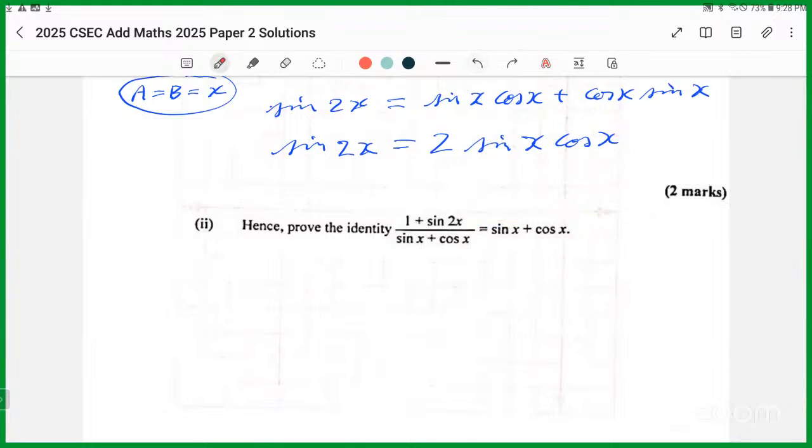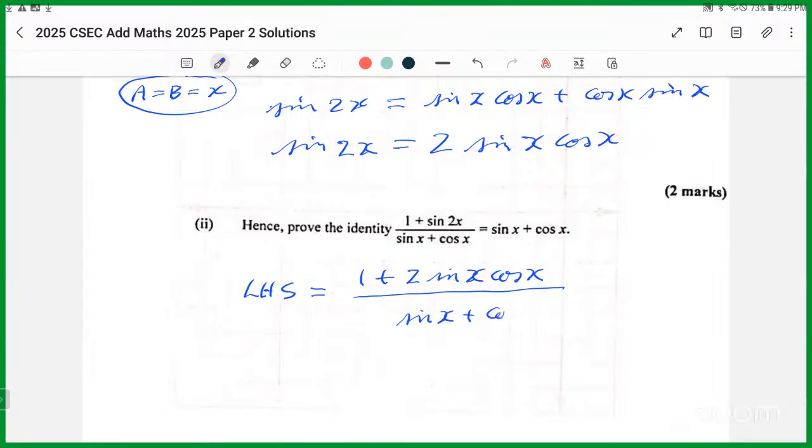So I'm going to write the left hand side equals 1 plus, and then this now I'm going to write in its expanded form, hence, which is 2 sine x cos x divided by this, sine x plus cos x.